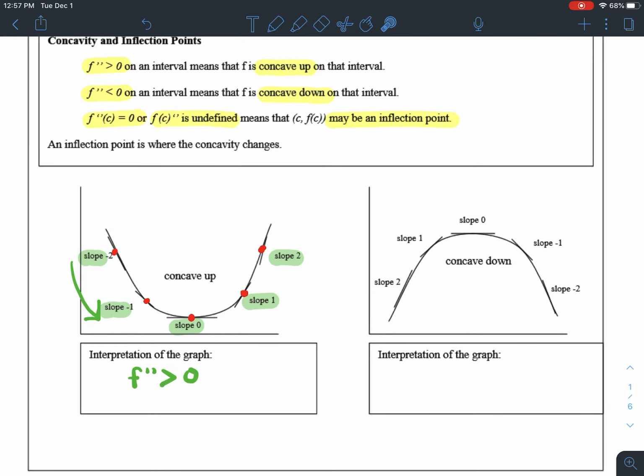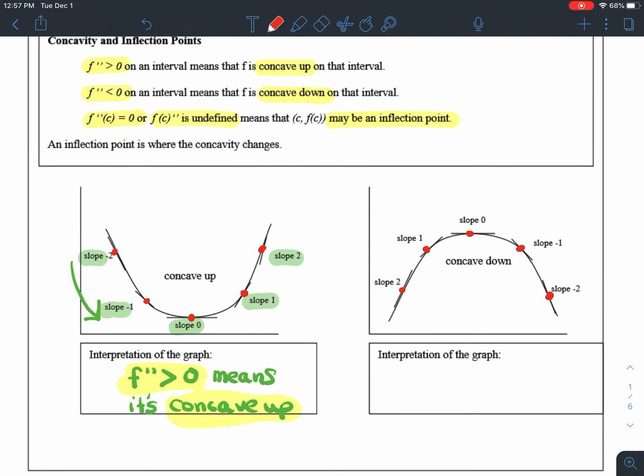We're showing that the slopes are getting bigger. That means the graph is concave up. Okay, if your slopes are getting bigger, it's concave up. So we want to always connect: if the second derivative is greater than 0, we're always going to conclude that means concave up.